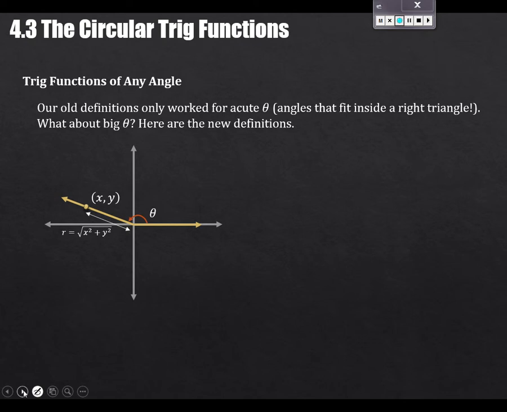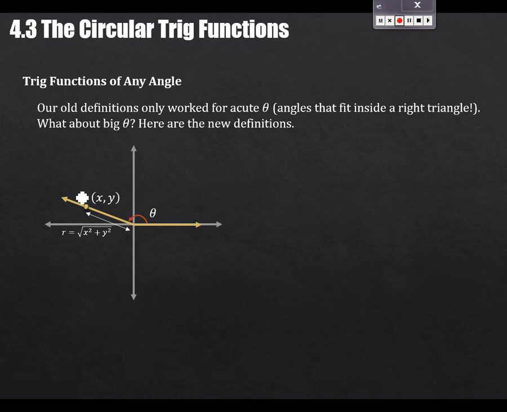And the reason I think r is a good name for it is because any other point that's that far away from the origin lies on a circle, and the radius of that circle is r, right? So r makes us think about circles.